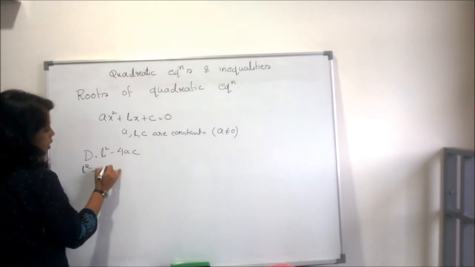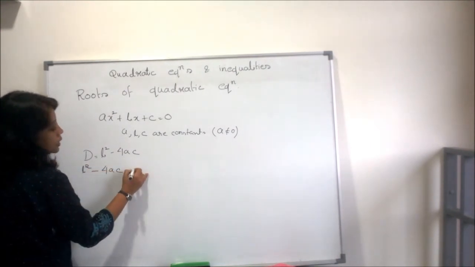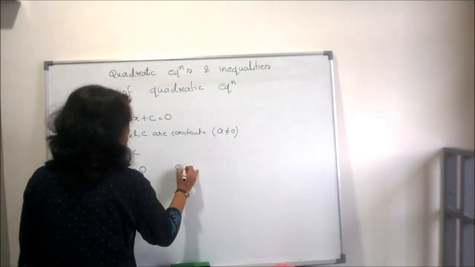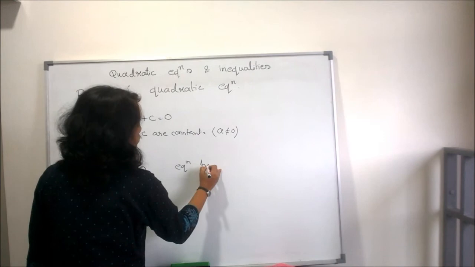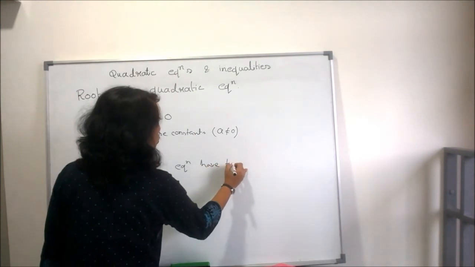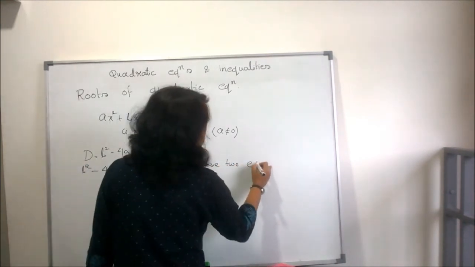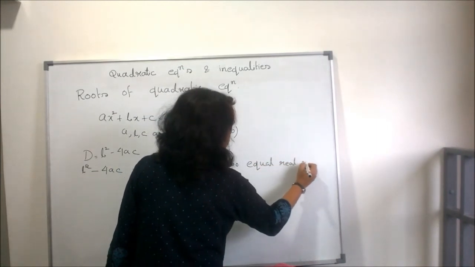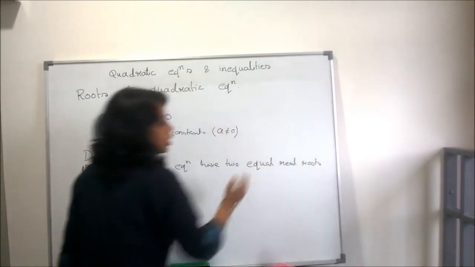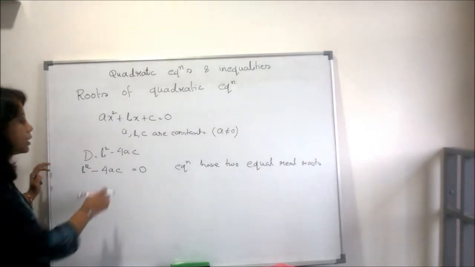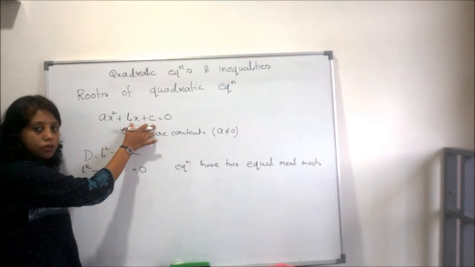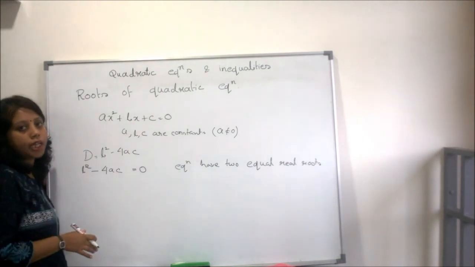Now we will see that if the discriminant b² − 4ac is equal to 0, then the equation has two equal real roots. Okay, if the discriminant is 0, then this equation has two real roots and these two roots are equal.